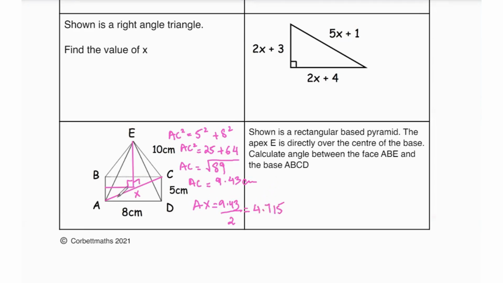CX is 4.715 and AX is also 4.715. Now 8 is the length of AD. AD and BC are the same because it's a rectangular base. So that means this length over here is going to be 4. We call this Y. YX is 4 centimeters.